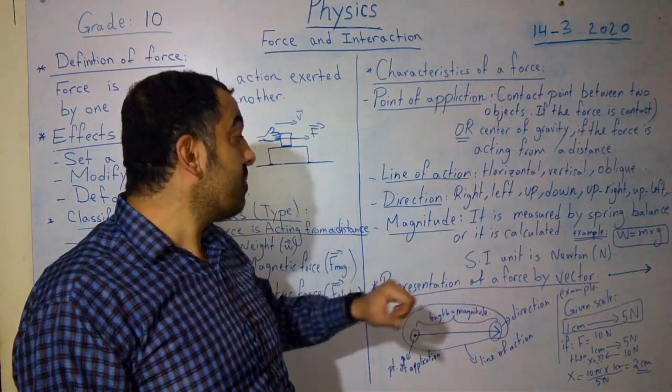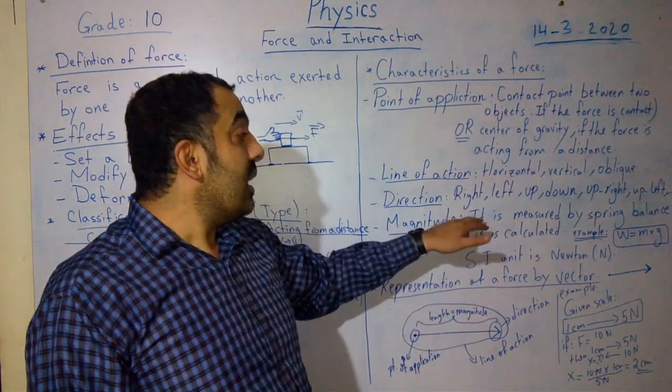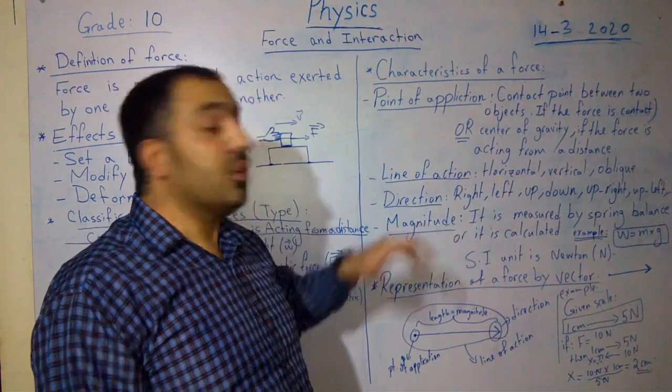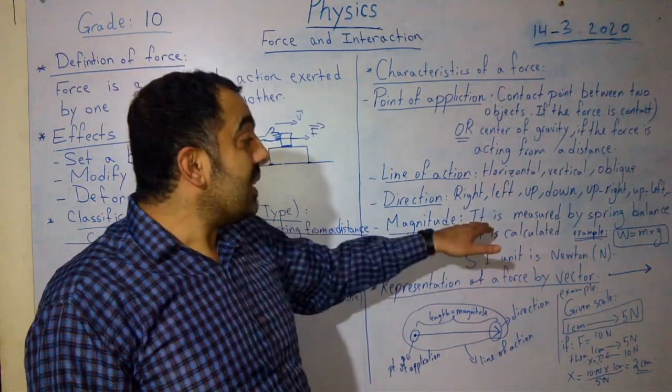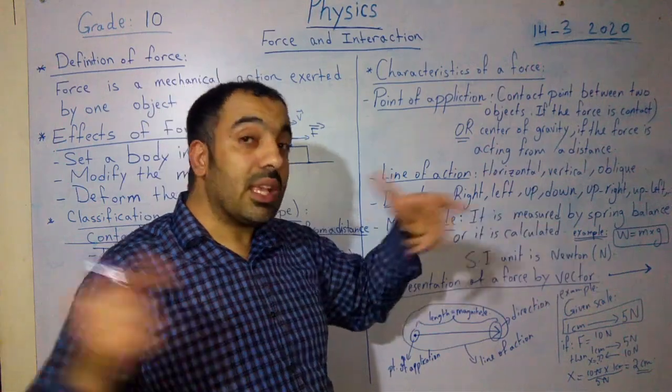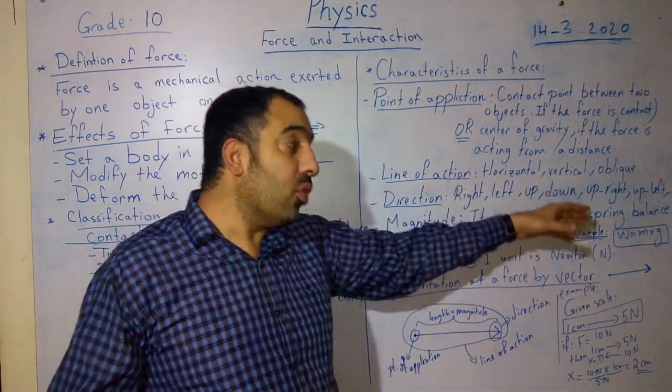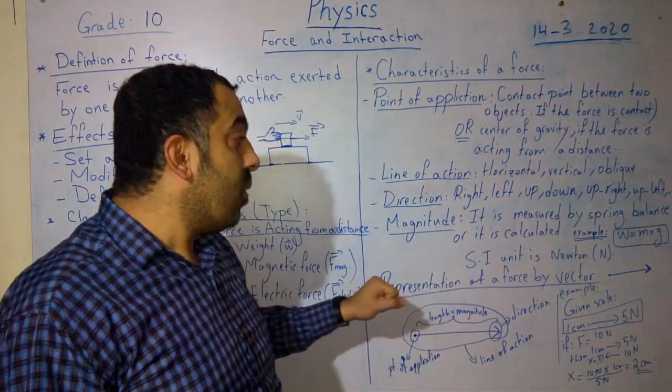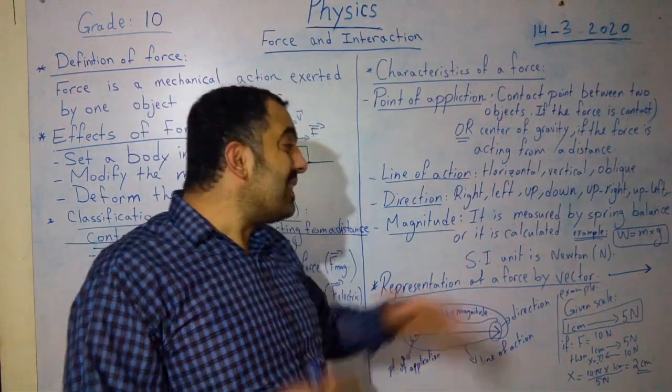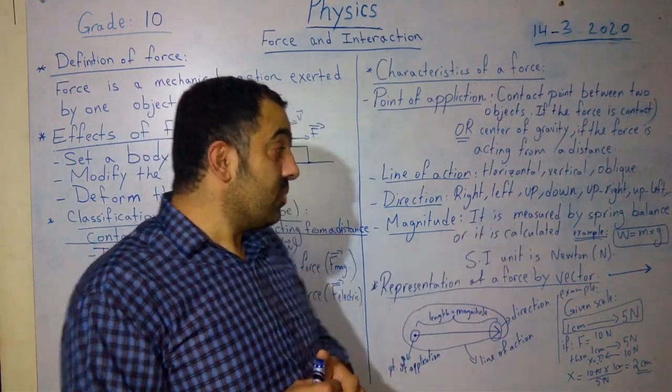Okay. The fourth characteristic is the magnitude of the force. It is measured by a spring balance or dynamometer, or it is calculated.